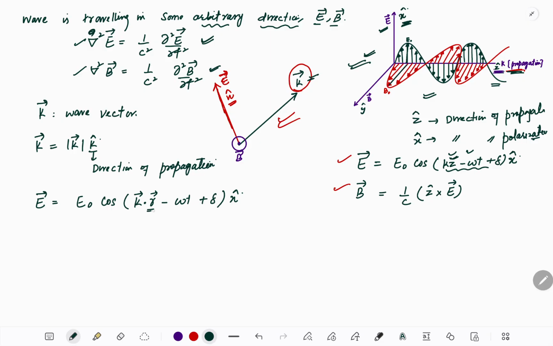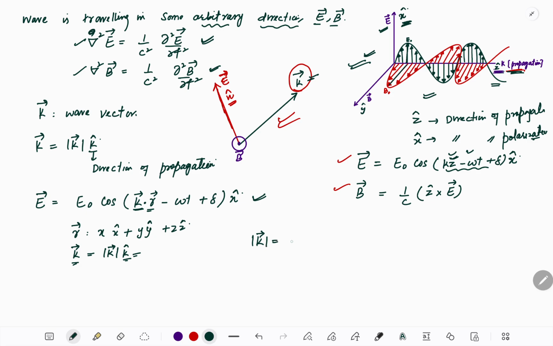This r is simply the position vector in a simple Cartesian coordinate system, x x cap plus y y cap plus z z cap, and this k vector is mod of k times k cap. This is the whole vector, and whenever we write this solution, we have to replace this k vector by this thing. But we know k is equal to this magnitude k.